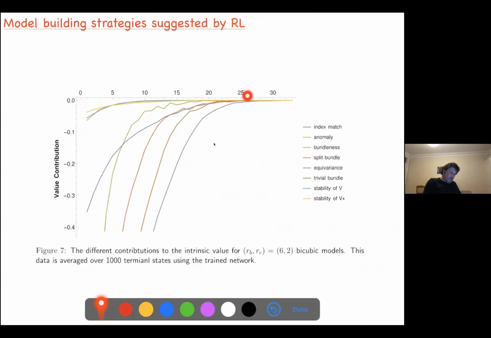So this horizontal axis here is the number of steps in the episode. So that you can take this as some sort of indication of what kind of model building strategy the neural network suggests.